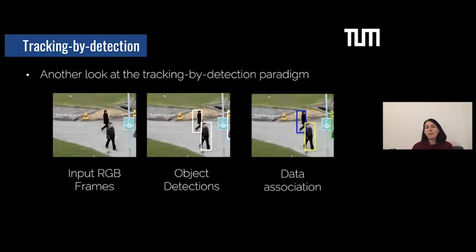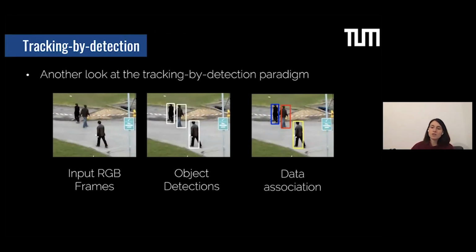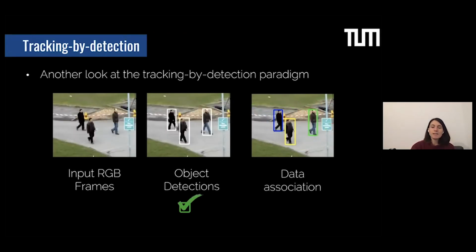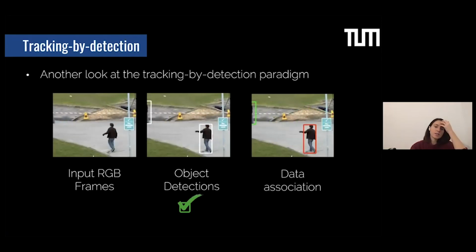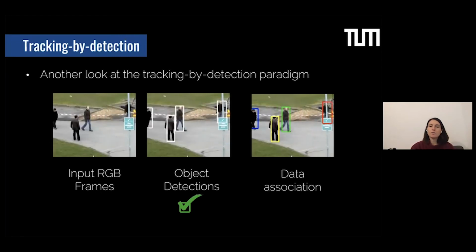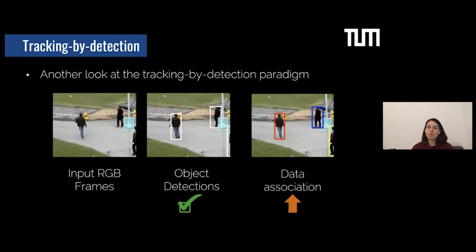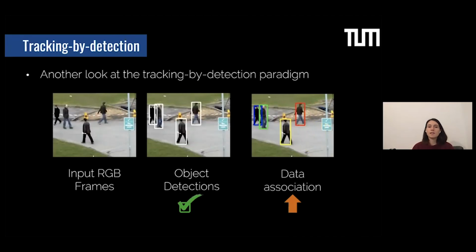And before, people were focusing on frame-by-frame data association. If object detection is something that we have already looked at and we already know how to better leverage object detections, it's now time to go for the data association. So can we improve the data association part?